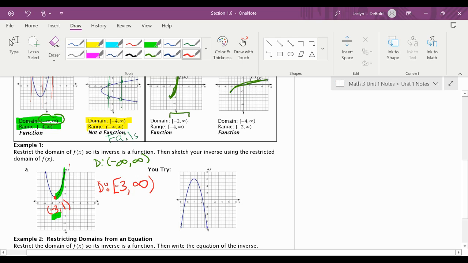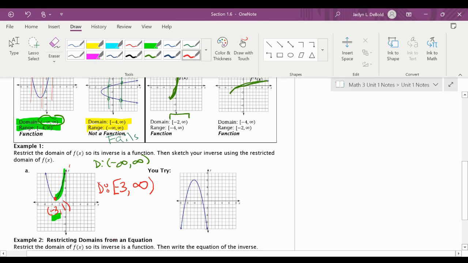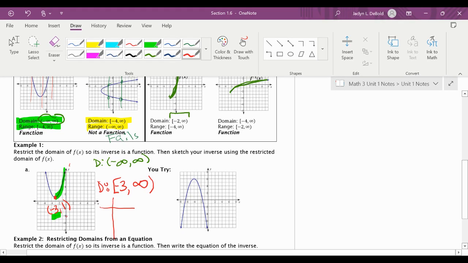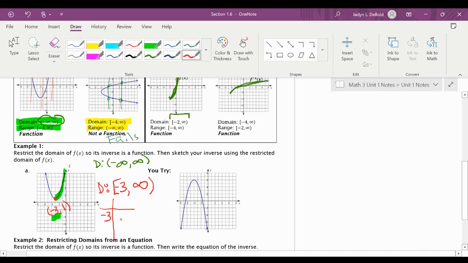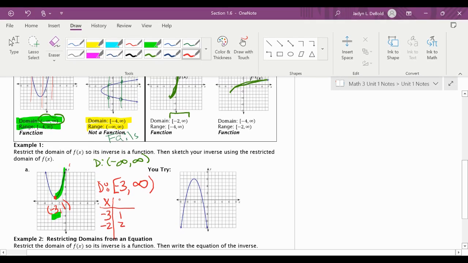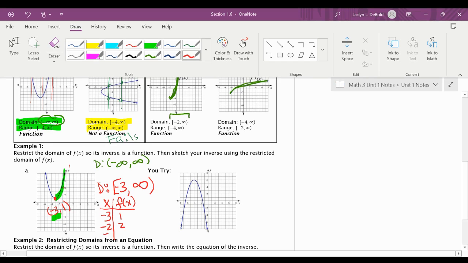If I was to go ahead and graph this, we would have it that you can make a series of points if we needed to. We can even reflect the points. So I have the point, for example, here, -3, 1. I have the point -2, 2. I have the point -1, 5.